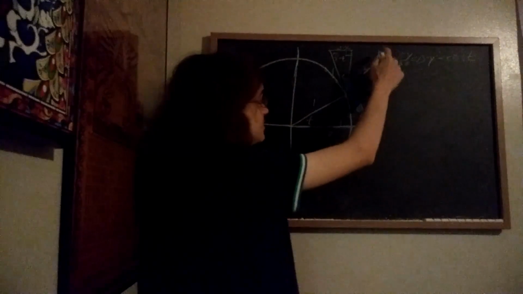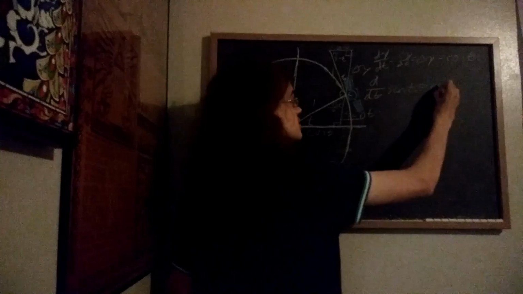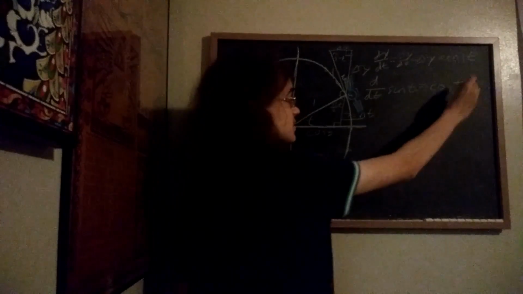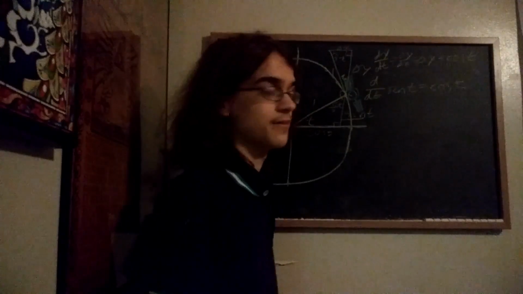Now let's look at dy/dt again. y is going to be sine of t, because sine of t gives the y position of the satellite. So all this is saying is that the time derivative of sine t is equal to cosine of t. And that is indeed the derivative of sine.